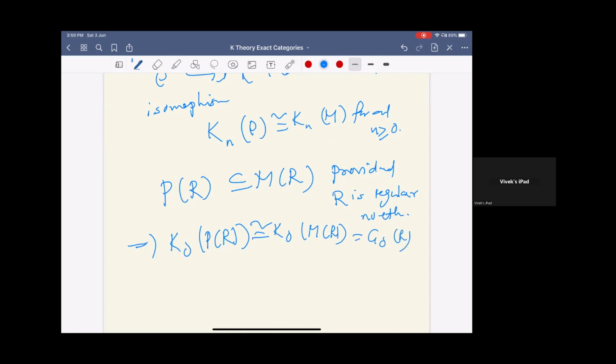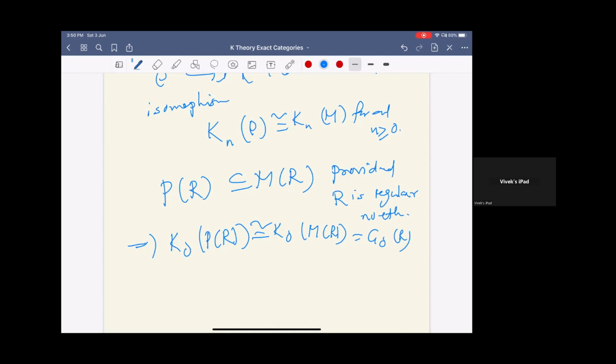So in that case, K theory and G theory are isomorphic for a regular ring, or in general for regular Noetherian schemes. So basically, in the case of non-singular varieties or non-singular schemes, K theory and G theory have no difference. They are the same, but for the singular case, they are different. There may be a difference.